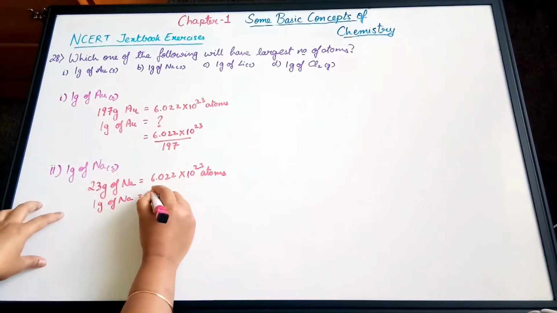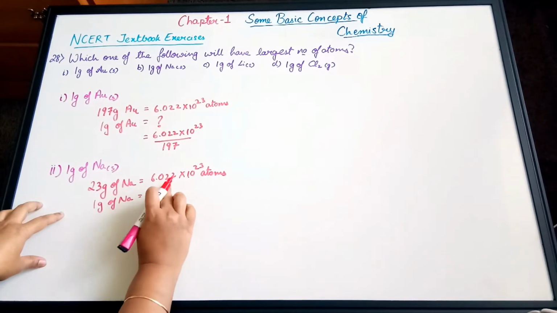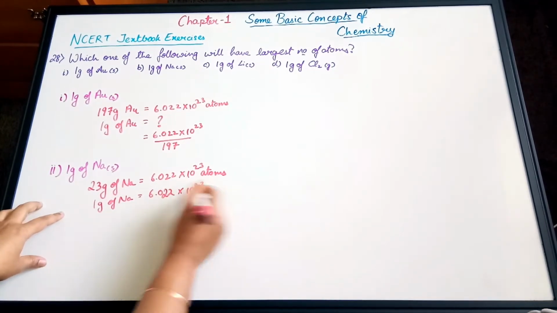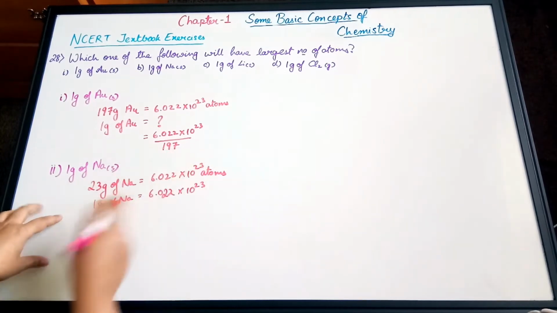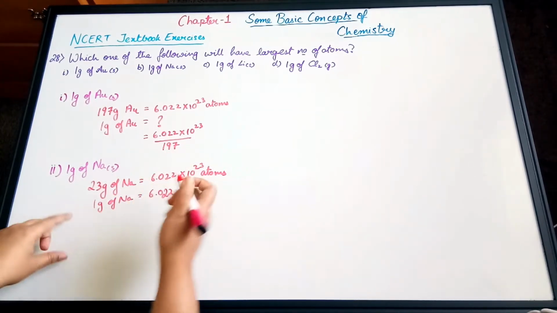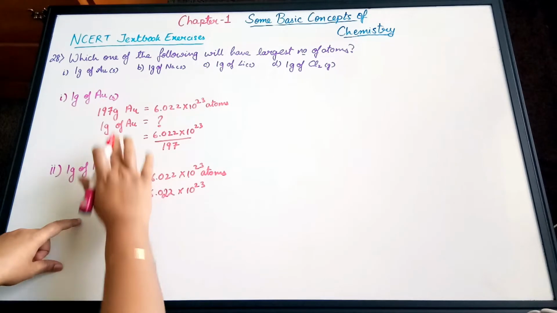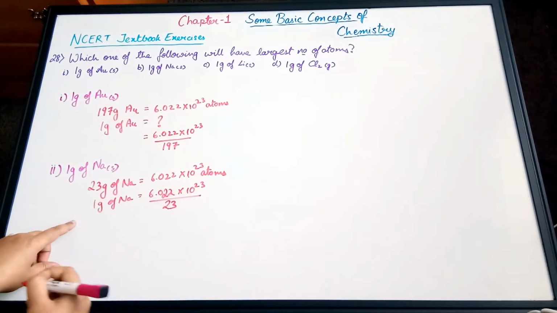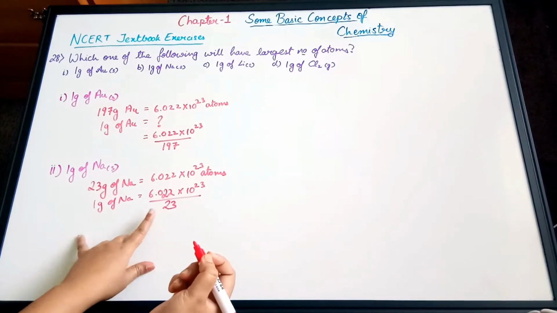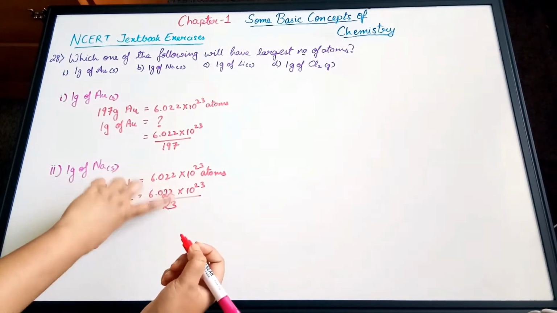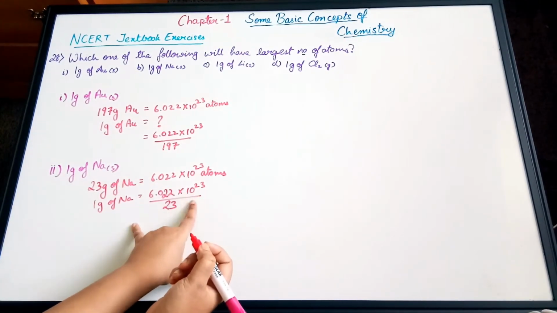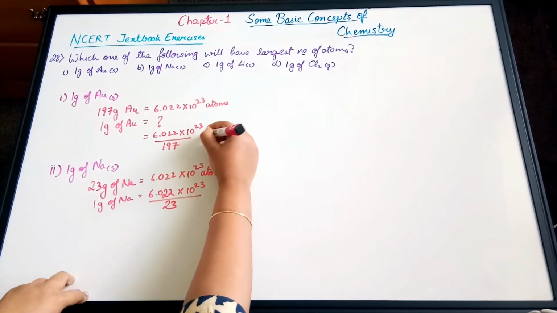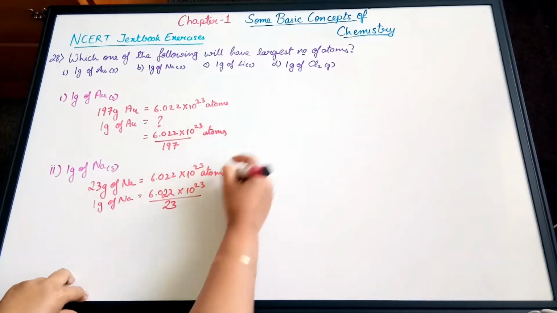That is 6.022 into 10 to the power 23 into 1. I'm not writing the 1 because it is 1 gram. This goes to the numerator, divided by 23. The grams cancel, leaving behind 6.022 into 10 to the power 23 divided by 23 atoms.